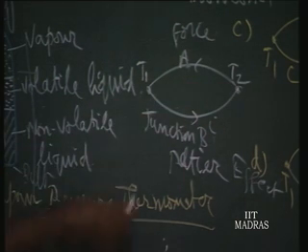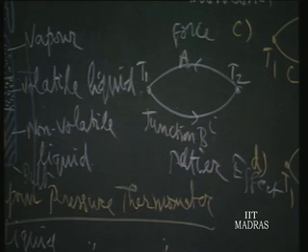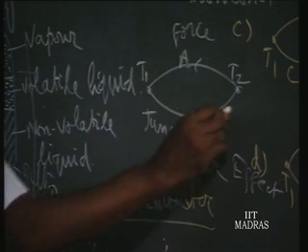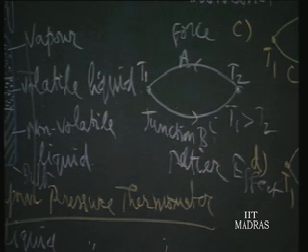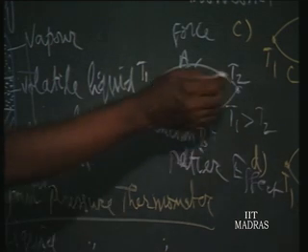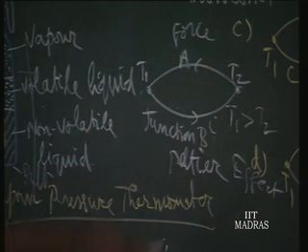Due to current flow, heat is absorbed at the hot junction. Suppose T1 is greater than T2, then T1 is the hot junction and T2 is the cold junction. Due to current flow in the thermocouple wire, heat is absorbed at the hot junction and heat is liberated at the cold junction.